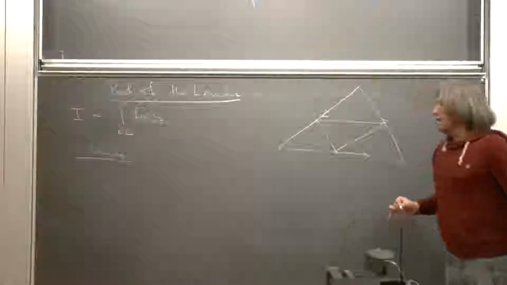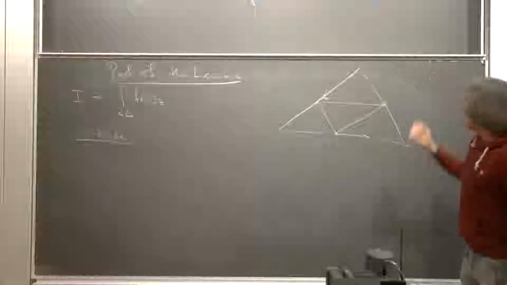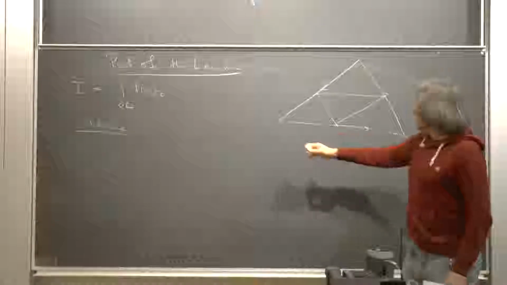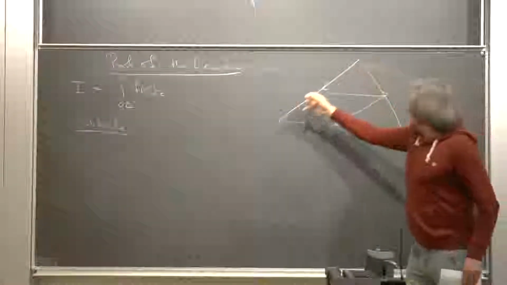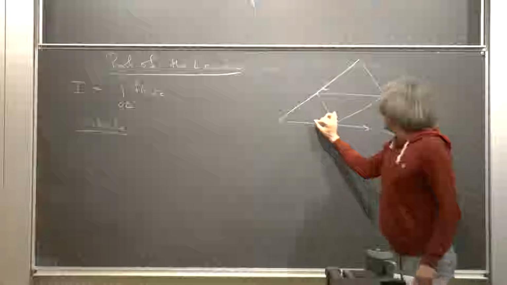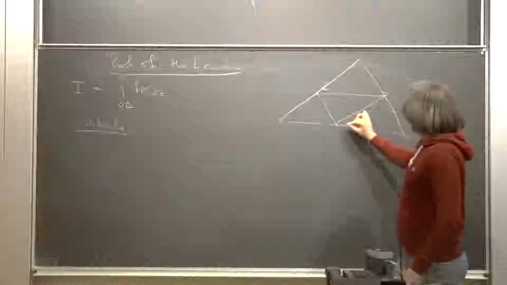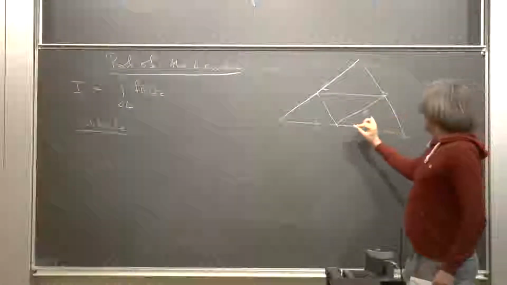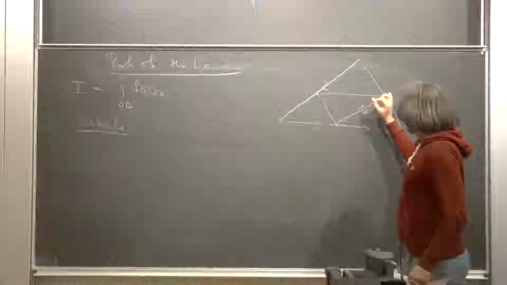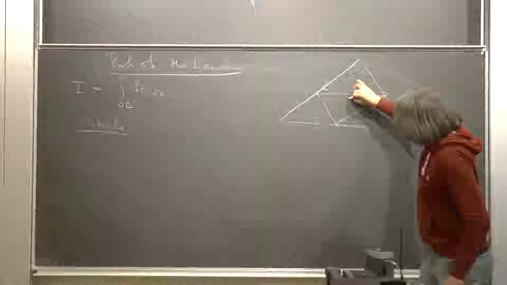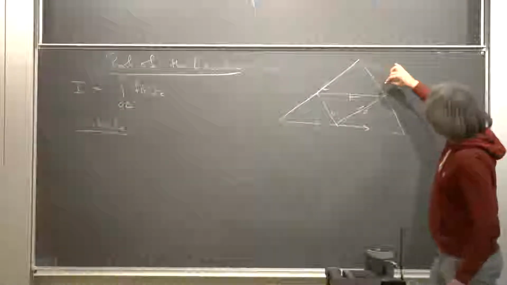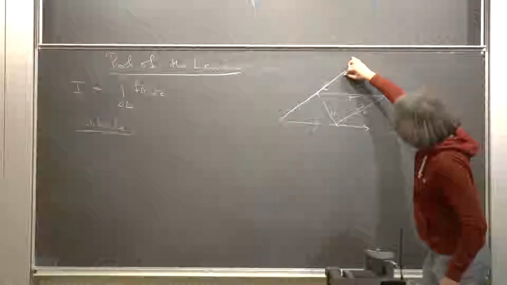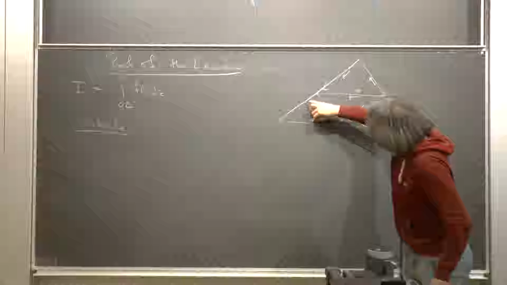So we're integrating like this, but we can also integrate like this. So we go around this one, then we go around this one, but this goes in this direction. Then we go around this one. Then we go around this one.